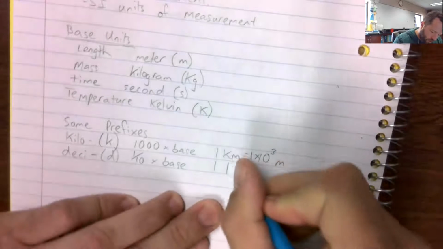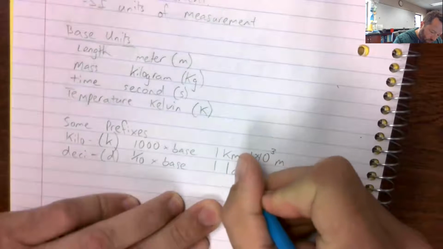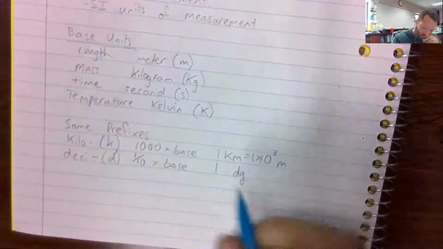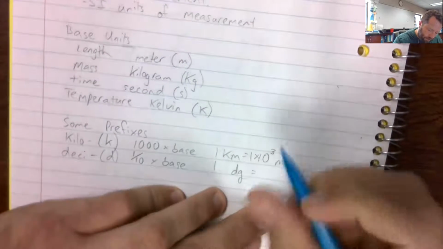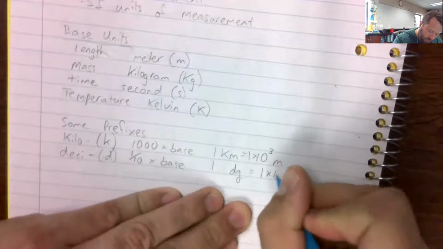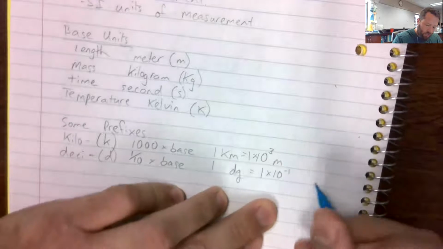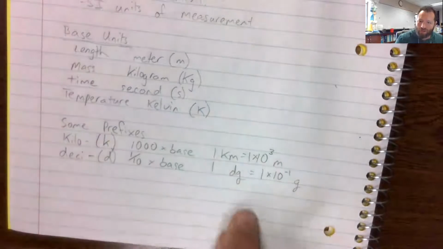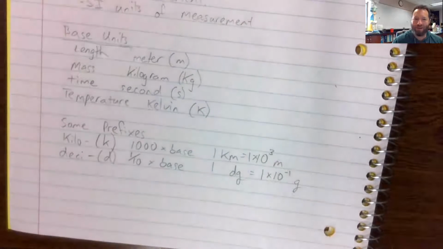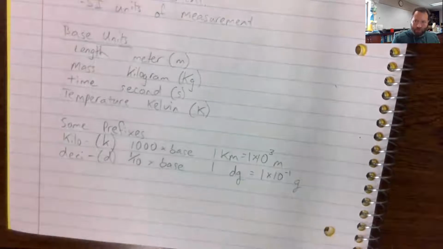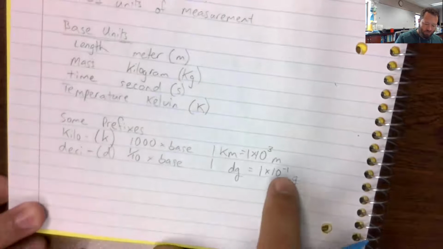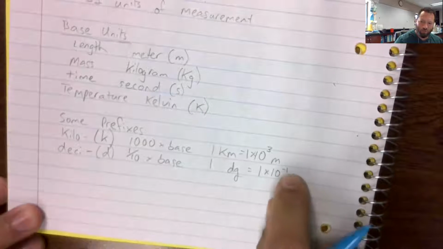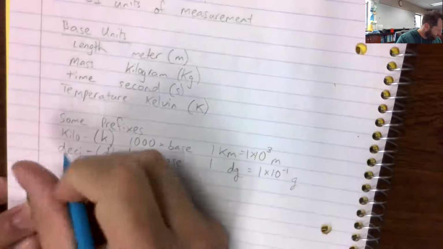So 1 decigram is equal to 1 times 10 to the -1 grams. 1/10 of a gram. You can think about that 1/10. The tenths column is the first decimal place, the first column behind the decimal. So there's our 1 bumped over.